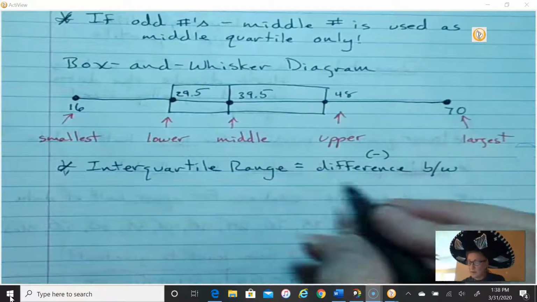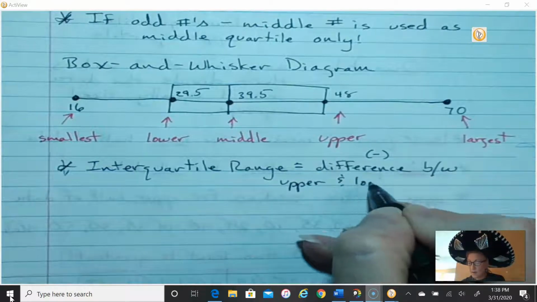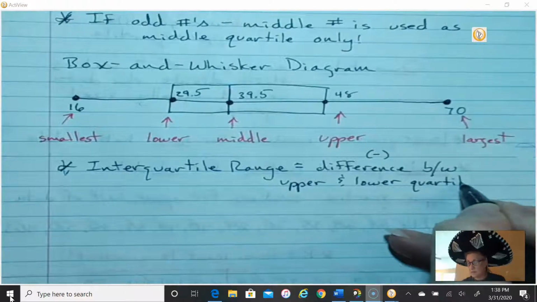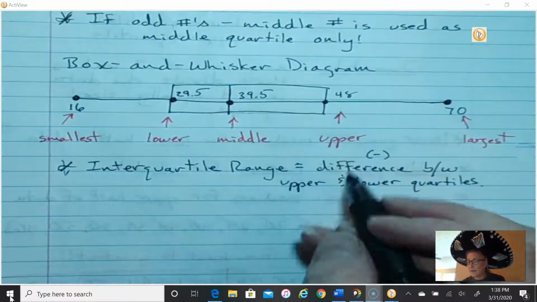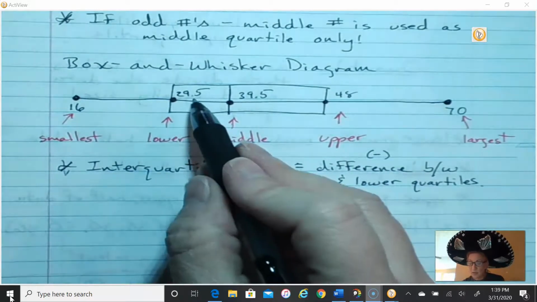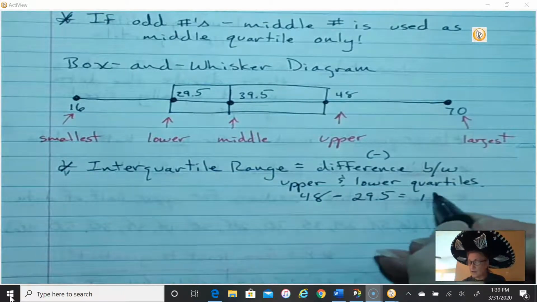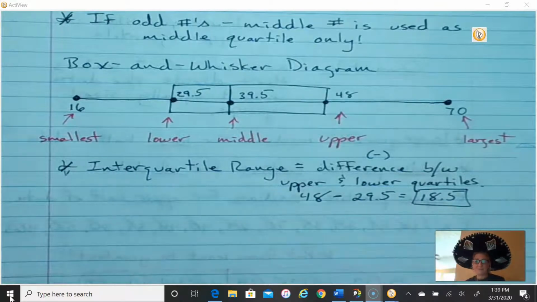Difference between upper and lower quartiles. So the upper was 48. Lower quartile was 29.5. Subtract and you get 18.5. There you go.